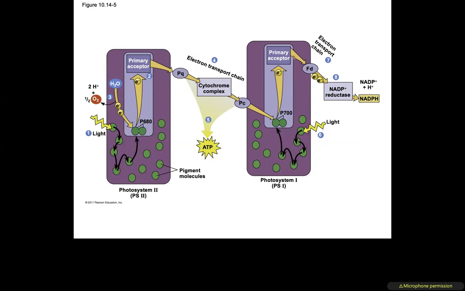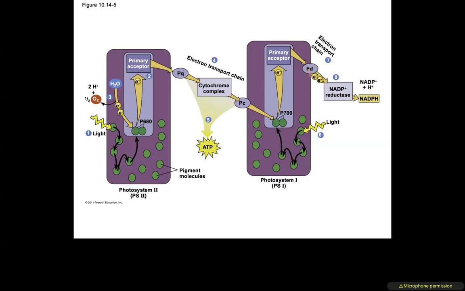All right, so ferredoxin, FD. Ferredoxin is an enzyme that is going to receive the electrons from this primary acceptor molecule. It is going to take those electrons and help build the NADPH molecule. It does that by this enzyme, NADP plus reductase.